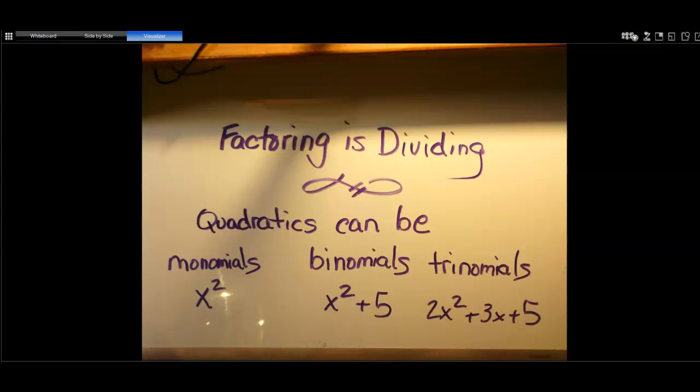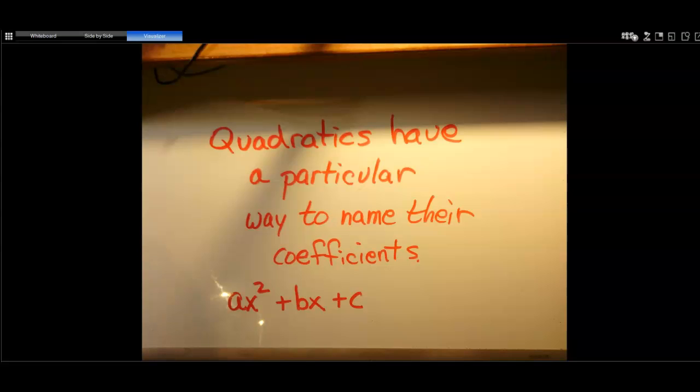Quadratics, in particular, second-degree polynomials, can be monomials, they can be binomials, or they can be trinomials. Quadratics have a particular way to name their coefficients, and that way is standard, regardless of whether the quadratic is a monomial, a binomial, or a trinomial.